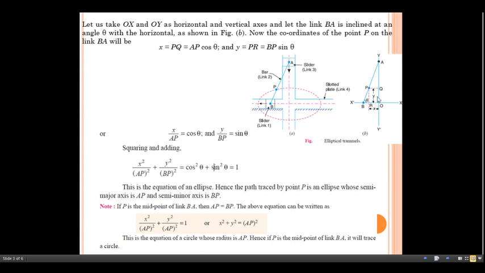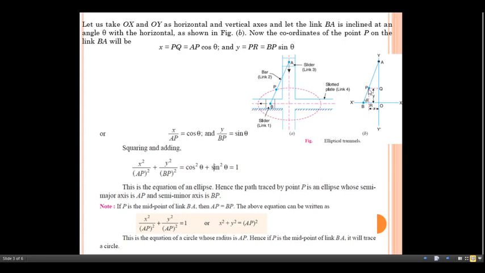Now the coordinates of the point P on link BA will be, just see the geometry, you can easily get an idea about this. If we consider this triangle PQA, as this angle is theta, automatically this angle becomes theta. From this small triangle, my aim is to get the value of x.